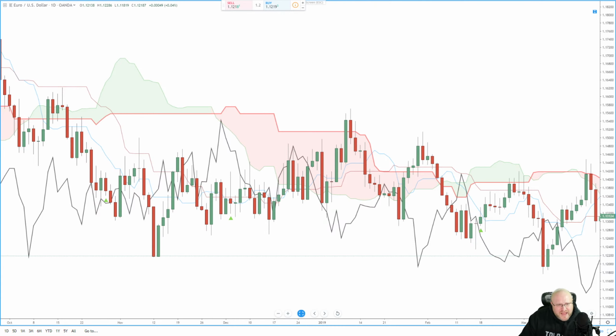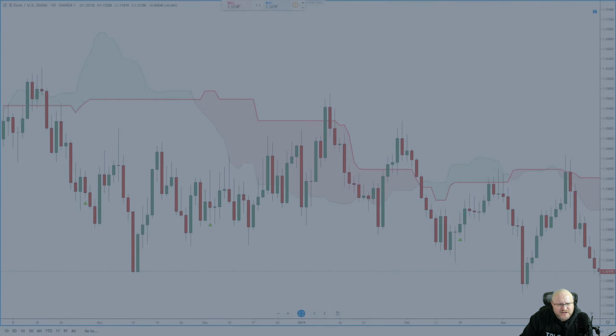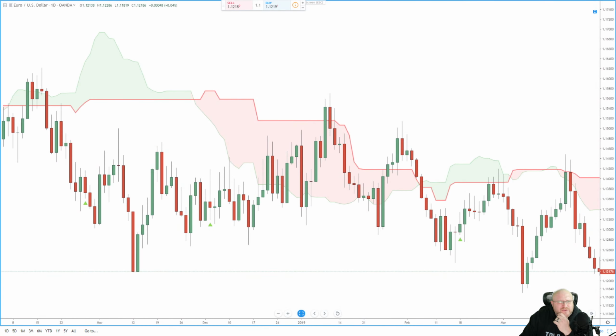All right, so if we're looking at, God, I remember this. This is the euro, and the euro in 2018 and 2019 sucked. Daily chart of the EUR/USD, the euro dollar. Let's get rid of the Chikou span, the Tenkan-sen, the Kijun-sen. We're just going to leave the candlesticks and the cloud on the chart, and that's what it looks like. That's the price action.